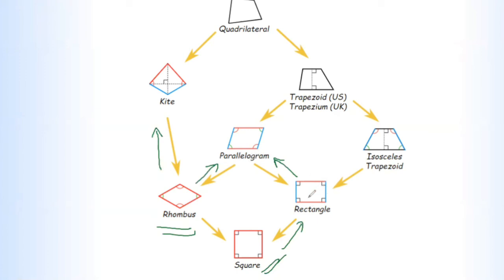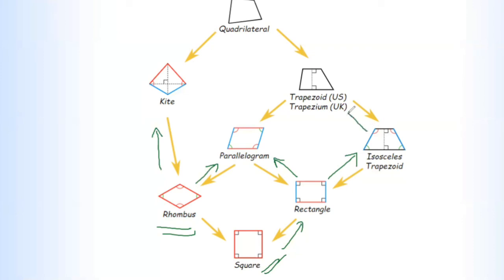In the same way, a rectangle is an isosceles trapezium because one pair of opposite sides is parallel and the adjacent angles have the same measurement. Here in a rectangle, all four angles are 90 degrees, so in particular, adjacent angles also have the same measurement. So all rectangles are isosceles trapezoids.